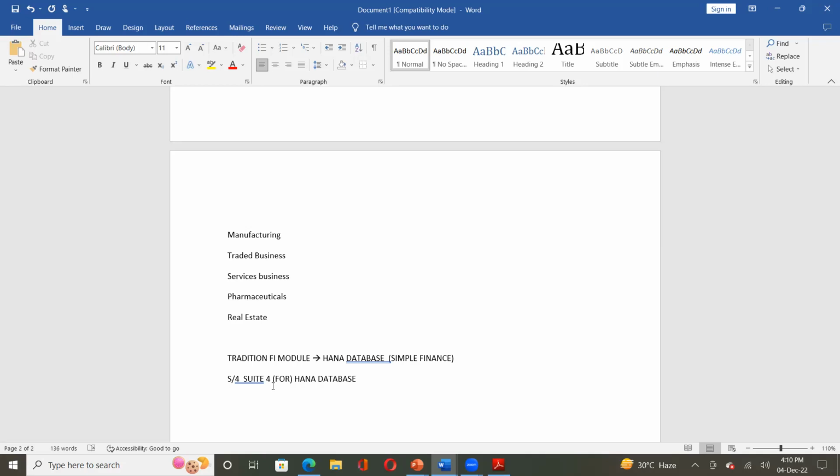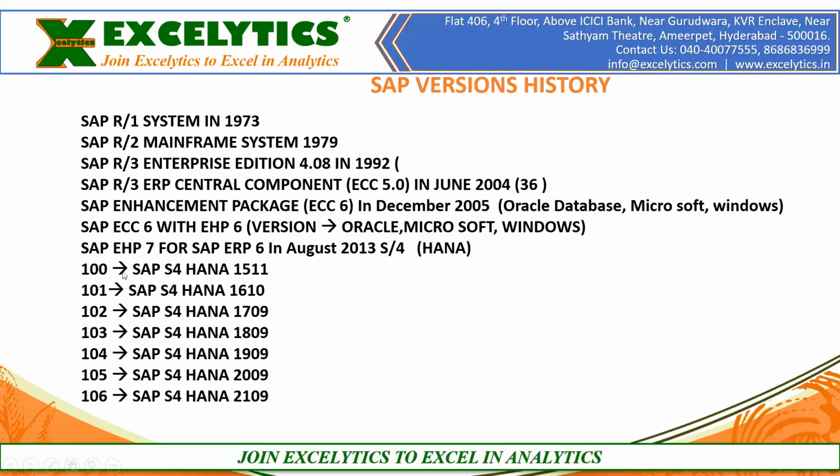Understood, everyone? Whatever SAP has now, EHP6, EHP7, is the suite for the traditional databases, and this is the suite for HANA database.